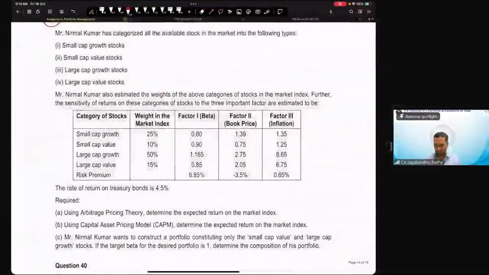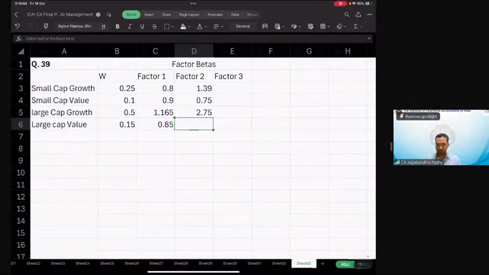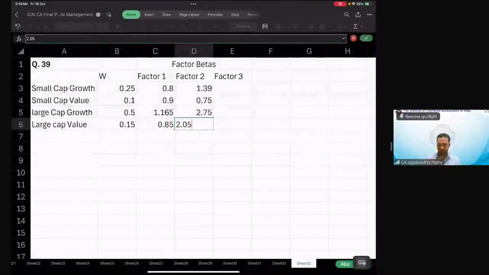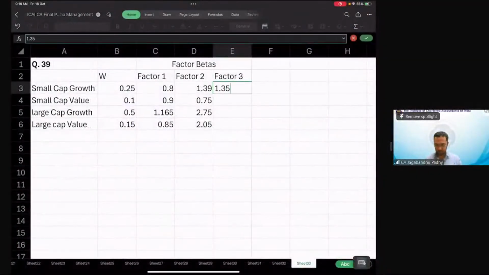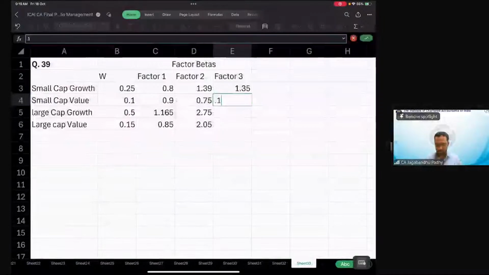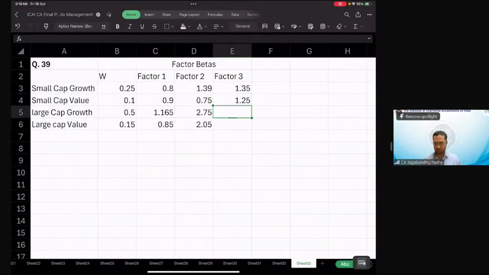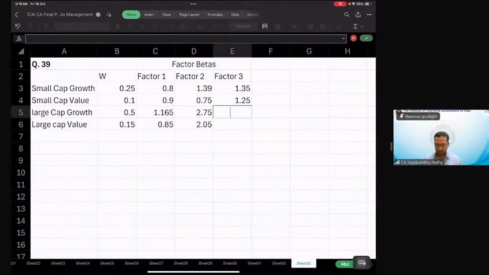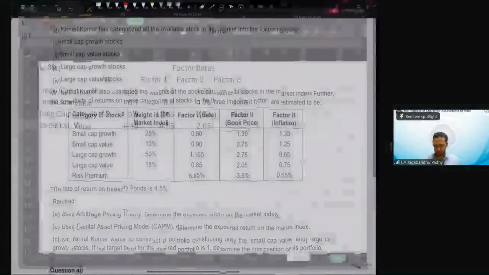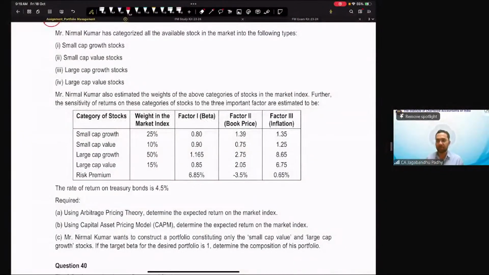Factor 2 is 1.39, 0.75, 2.75, 2.05. Factor 3 is 1.35, 1.25, 8.65 and 6.75. Okay, so these factor betas are given to us.